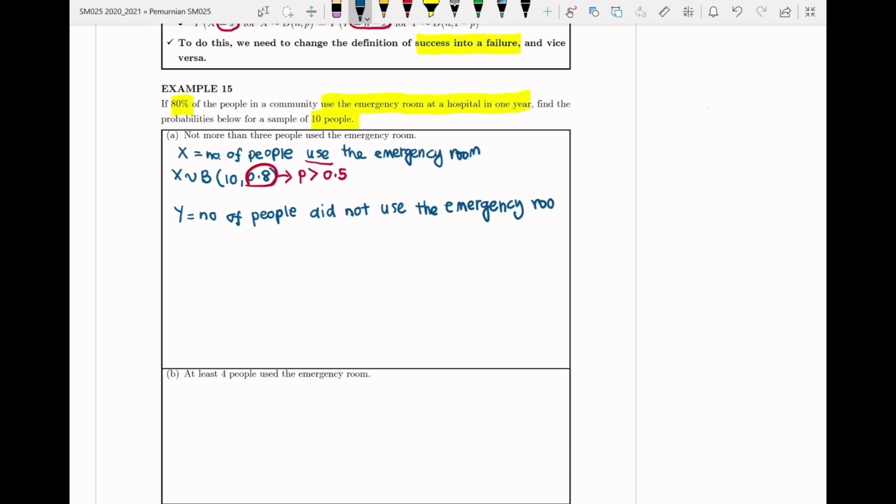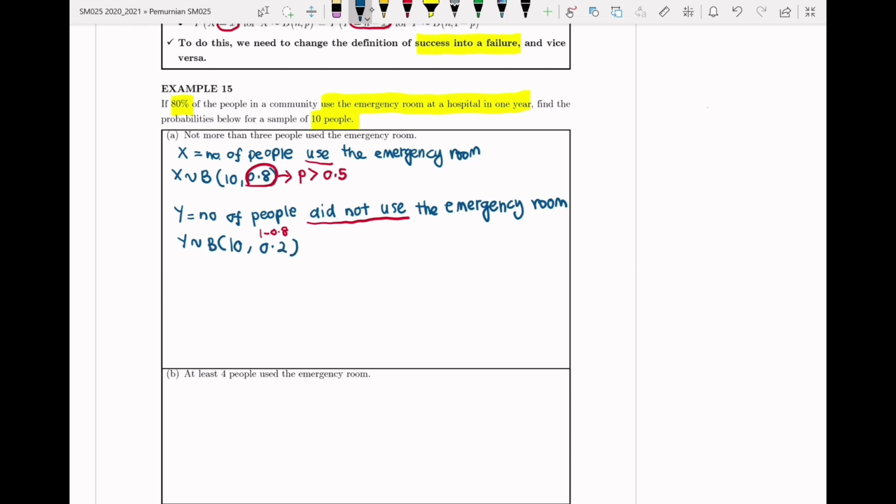So if we have X with n equals 10, p equals 0.8, for Y it is still binomial distribution with n equals 10, the number of trials is still the same, but instead of p equals 0.8, we will use q, 1 minus 0.8, which is 0.2.